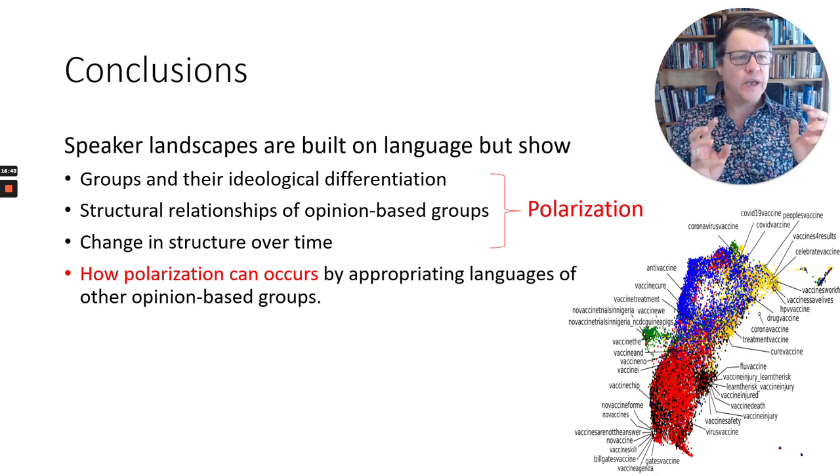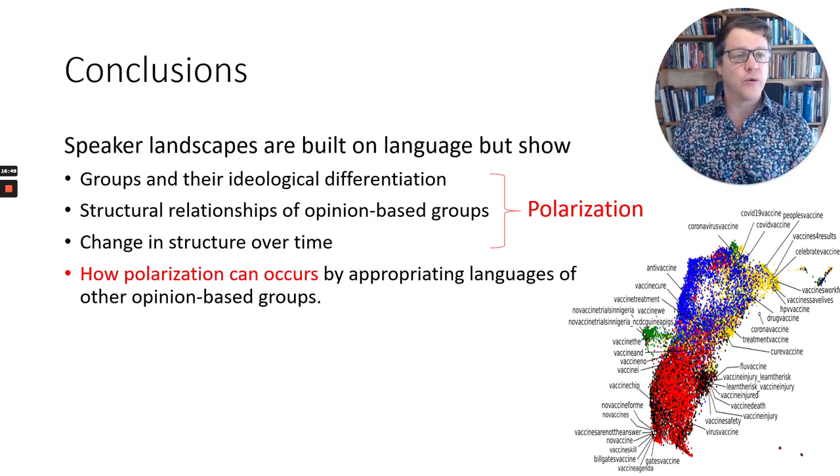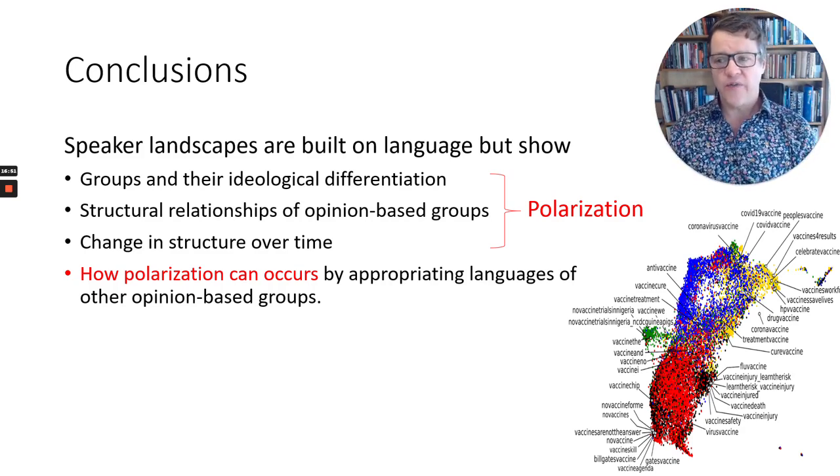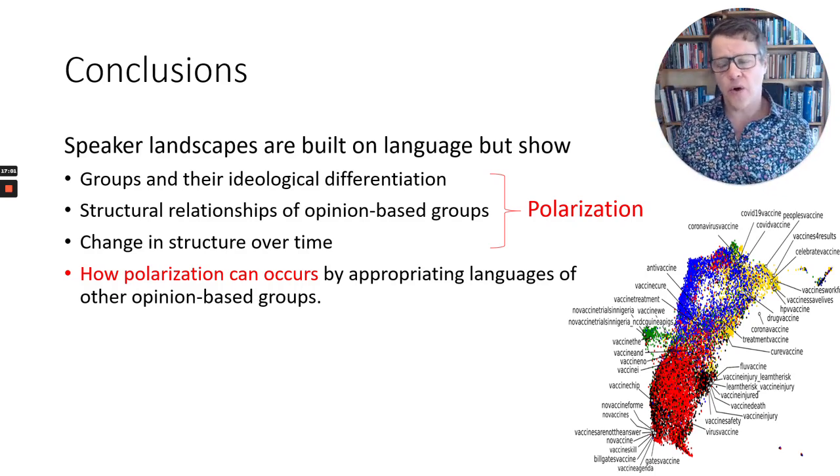But the interesting thing, this language lens allows us to identify social groups. It allows us to identify the ideological differentiation between social groups and the structural relationship between them, whether they are polarized or not polarized.